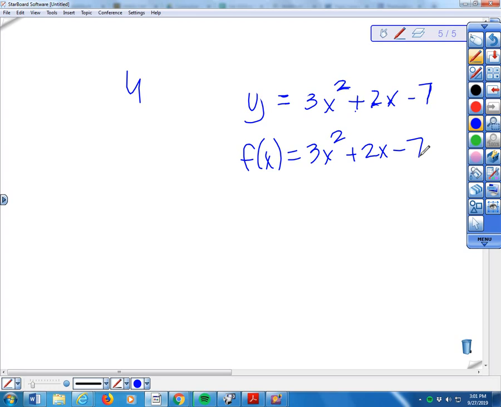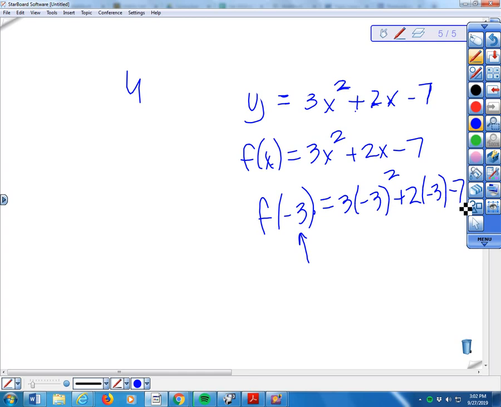Okay, now in function notation, if I ask you what f of negative 3 is, all this is doing is saying everywhere there was an x, replace it with negative 3. Everywhere there was an x, replace it with negative 3. And then evaluate. That's what f of negative 3 means.